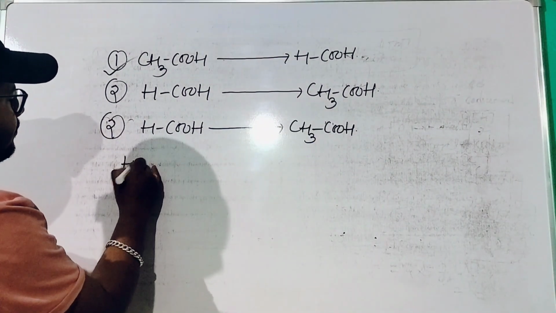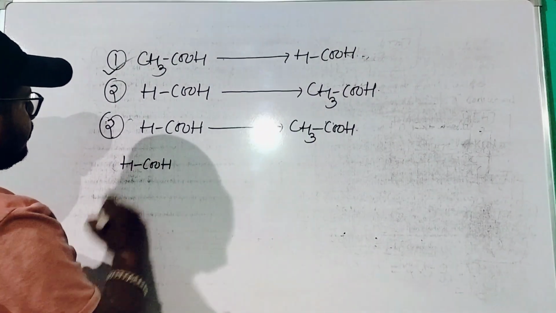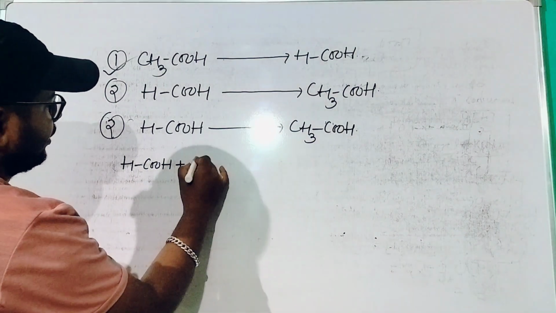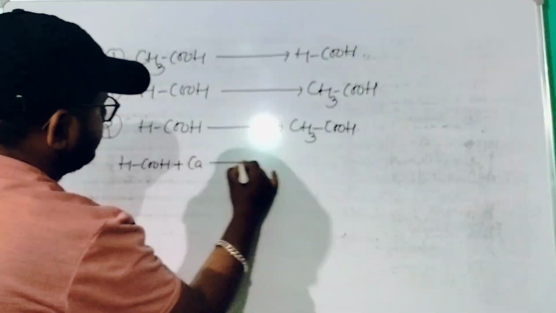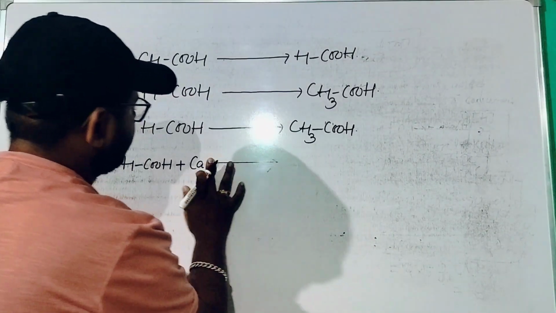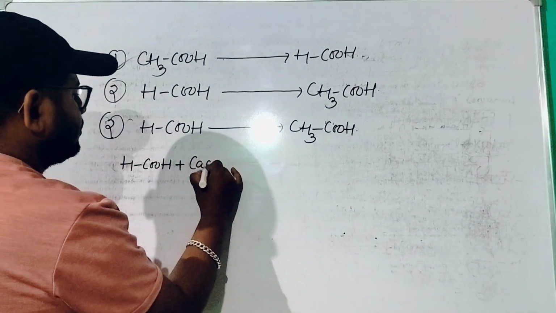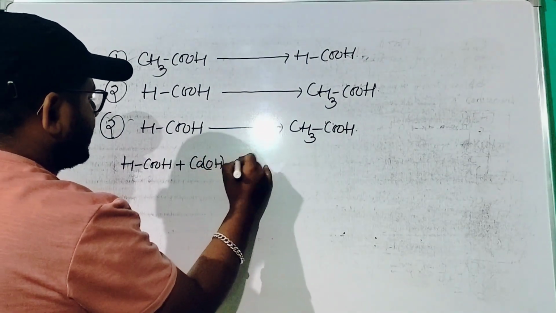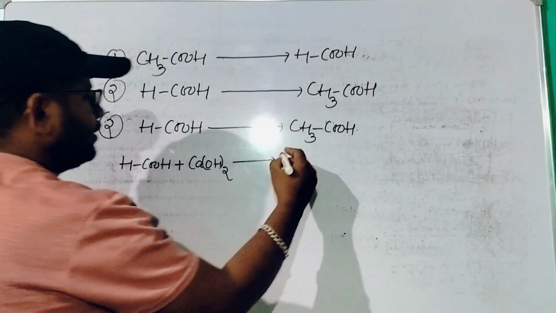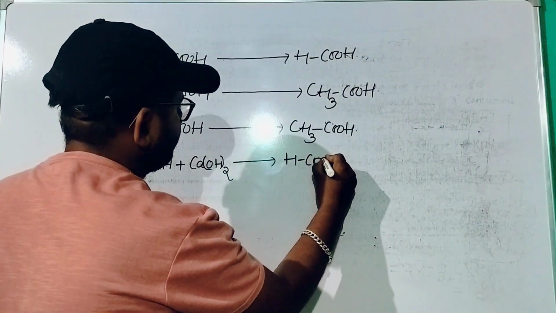Formic acid can be treated with calcium hydroxide. We get calcium formate.